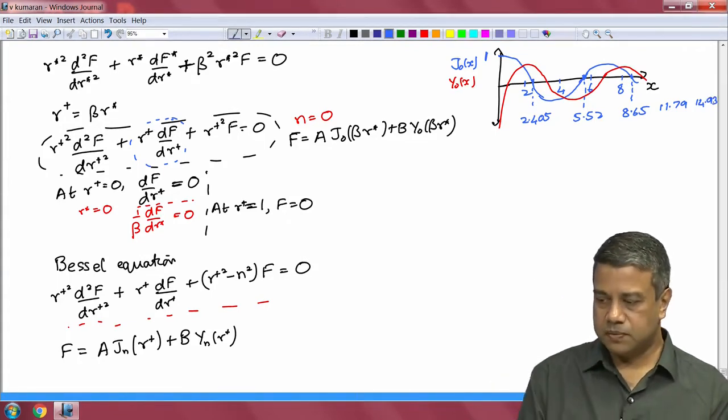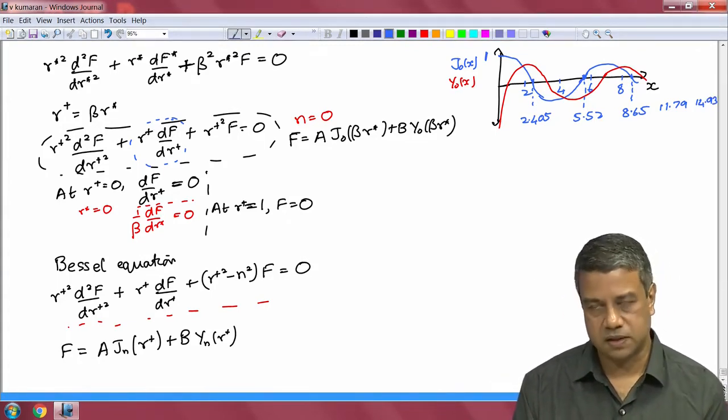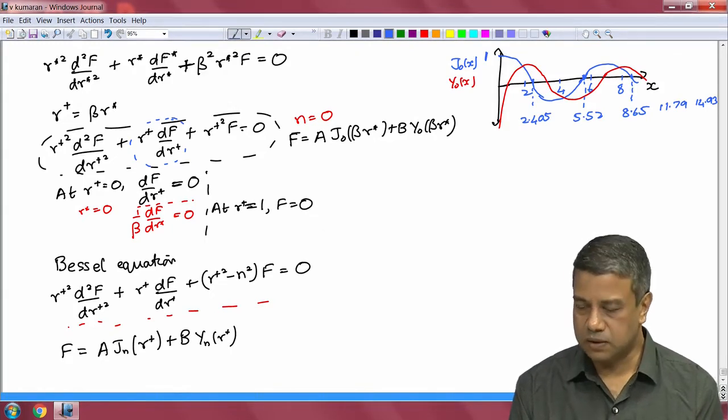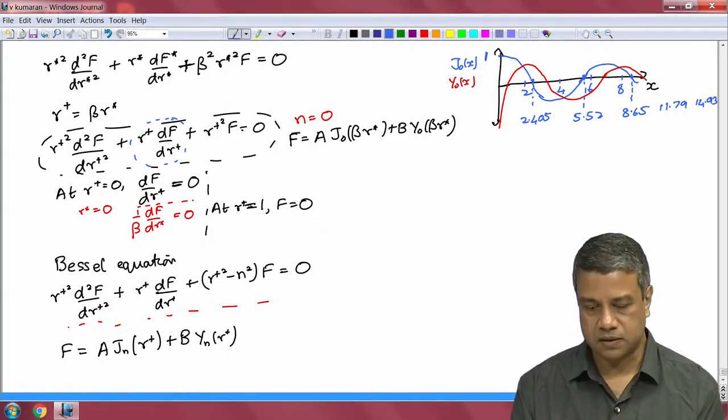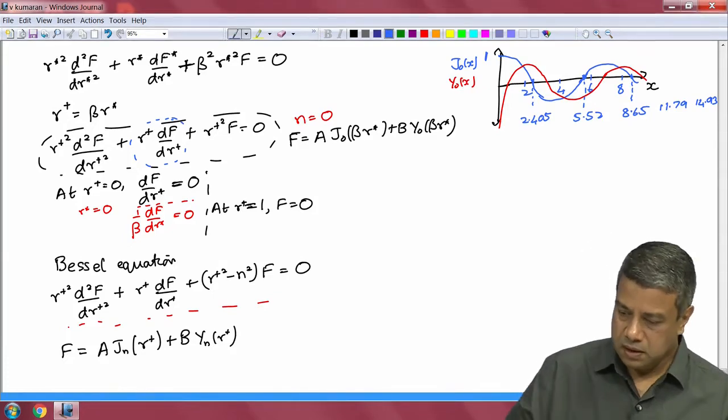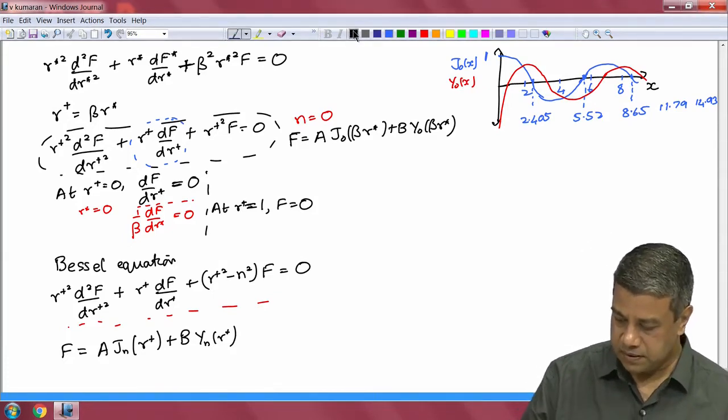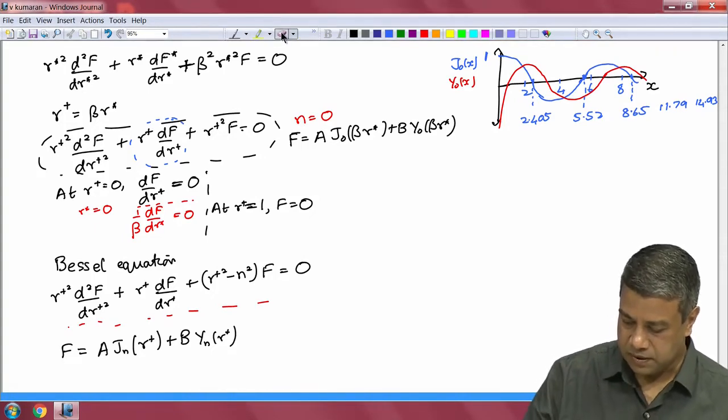So J0 passes through 0 at discrete locations. Y0 also passes through 0 at discrete locations. Using these values we can determine the values of the coefficients.